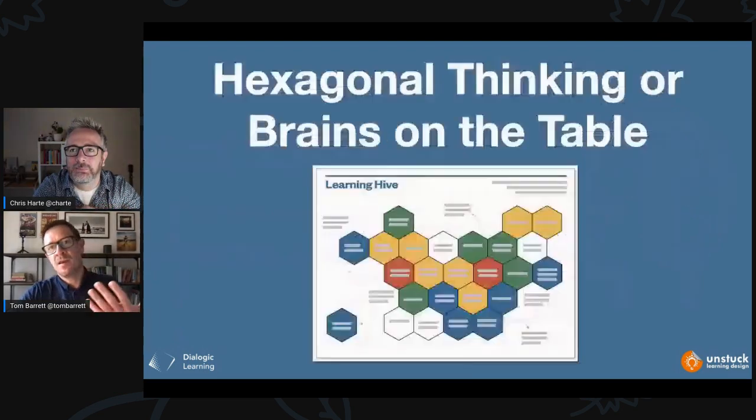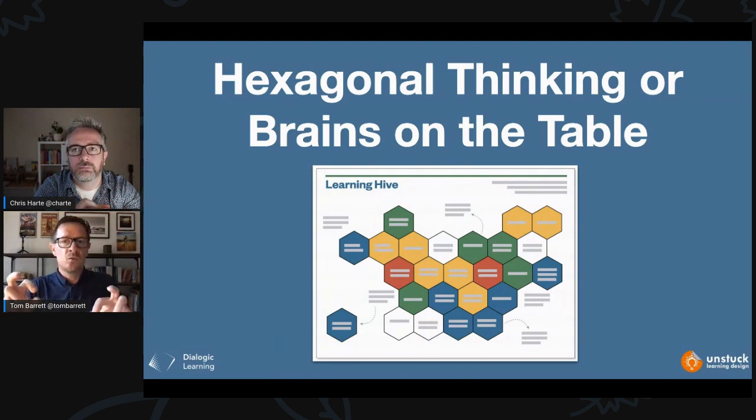Absolutely. So hexagonal thinking is one of our core routines because of the connections we can immediately make. And hopefully you're picking up that those keywords refer us directly to the relational level of understanding. So in many ways, when you're doing hexagonal thinking, you're tipping everything towards that deeper level of understanding straight away.